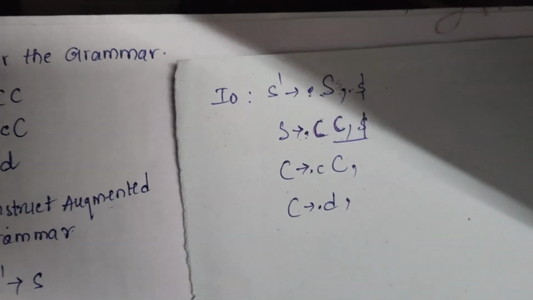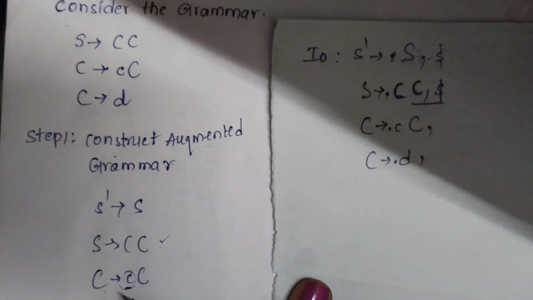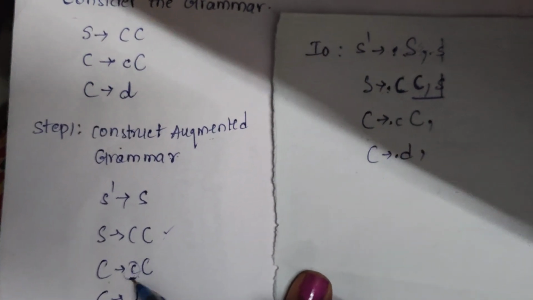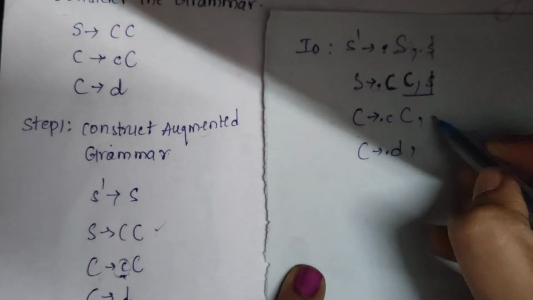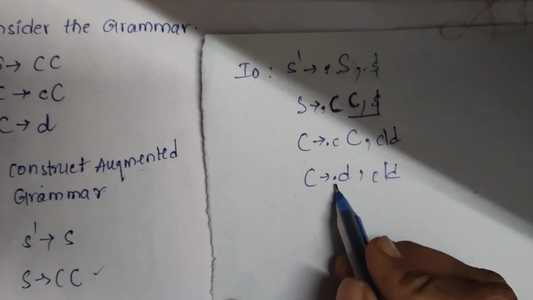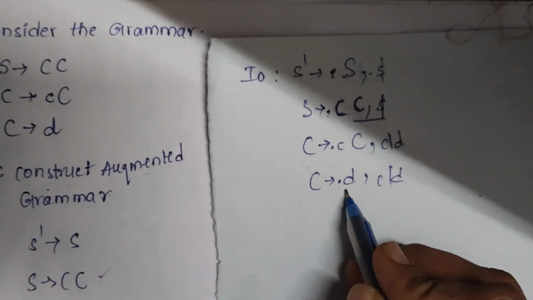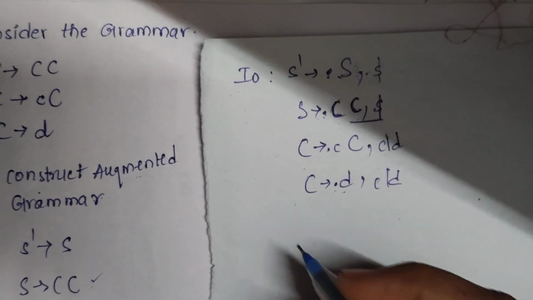First of capital C is c and d. So the look ahead symbol becomes c comma d. Now, as the dot has reached a terminal, we stop the construction and calculate the gotos.